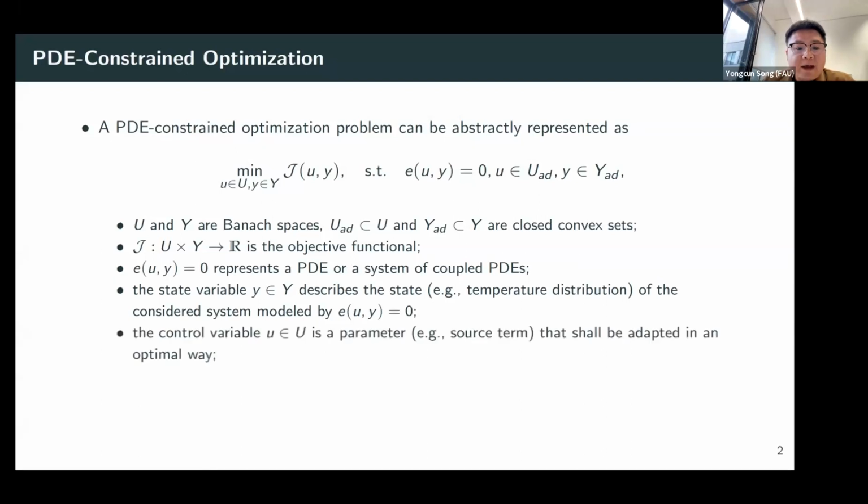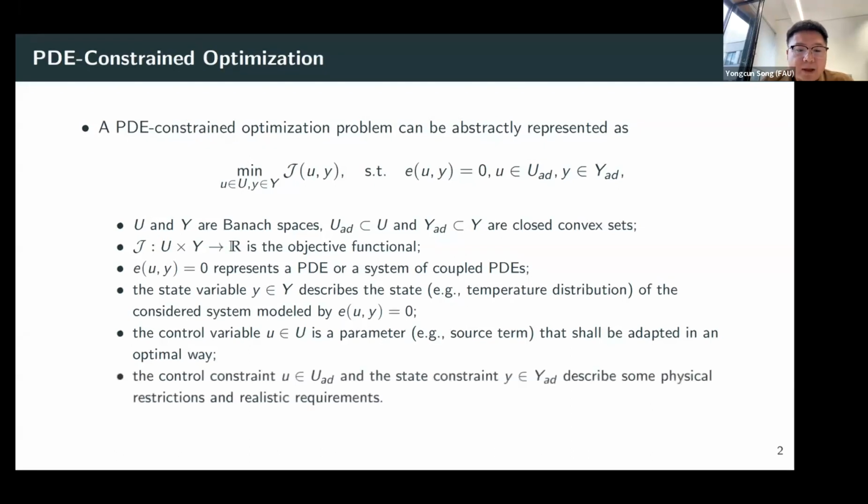And the state variable y describes the state, for example, the temperature distribution of the considered system modeled by this equation. And the control variable u, or maybe called the design variable, maybe some other names, is a parameter, for example, the source term in the equation that shall be adapted in an optimal way. And the control constraint u belongs to U_ad, and the state constraint y belongs to Y_ad, describe some physical restrictions and realistic requirements. Because in practice we cannot apply the control in an arbitrary way.